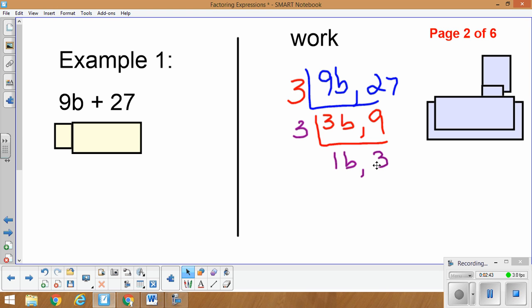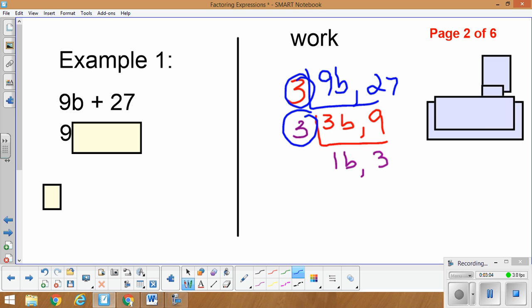So the common factor between 9b and 27 is right here. Let me show you. It's 3 times 3. So 3 times 3 is, I hope you're saying, 9. So 9 is my common factor. When I take 9 out, what's left over?